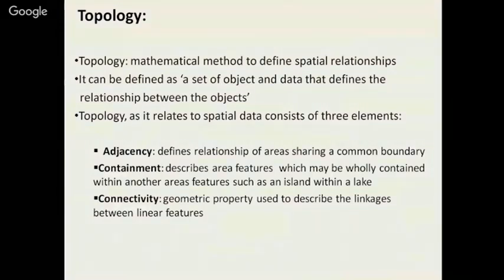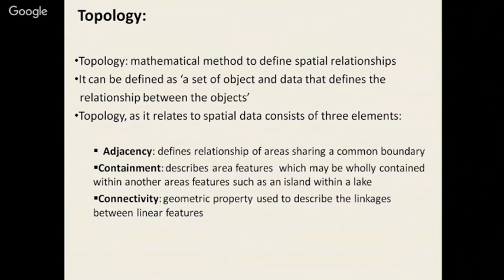It can be defined as a set of objects and data that defines the relationship between objects, when we locate various objects on the map or in the data. Topology, as it relates to spatial data, consists of three elements.